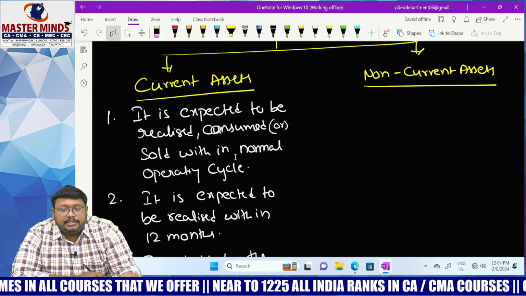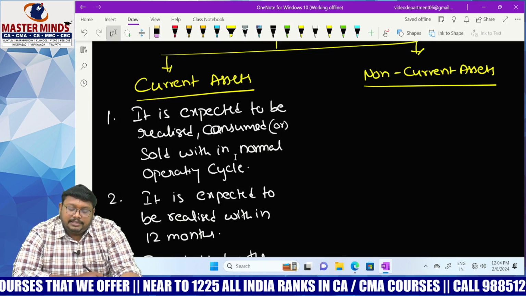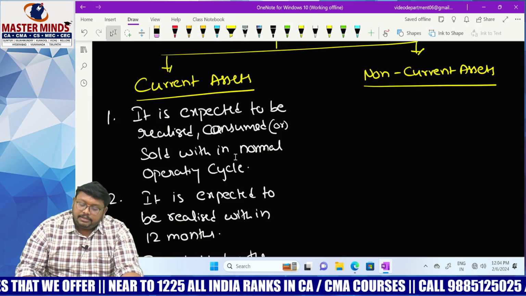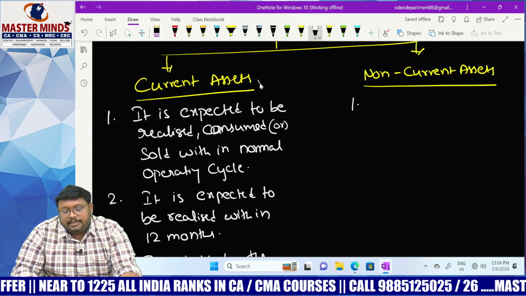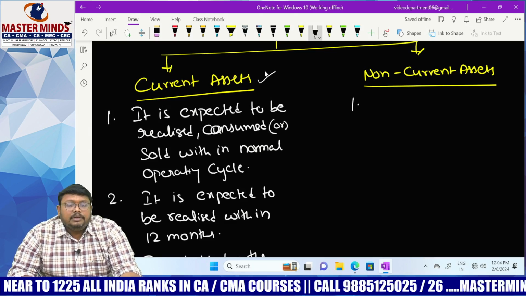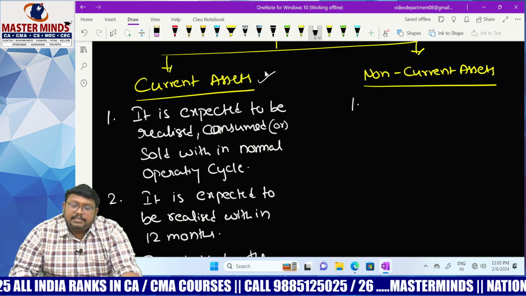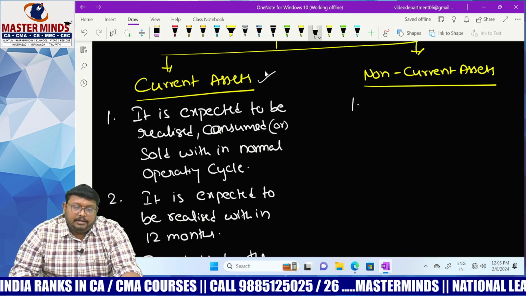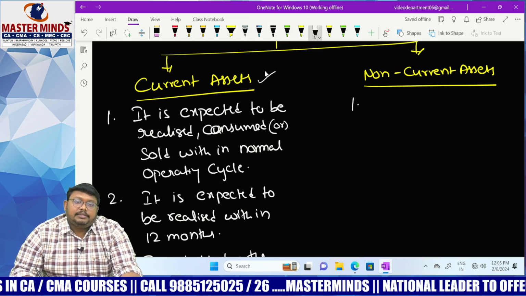If any assets fall outside these conditions, we call them non-current assets. Next, we talk about non-current assets. We know the definition of current assets as per our Companies Act. Non-current assets are the assets which are not current assets; all of them are non-current assets.